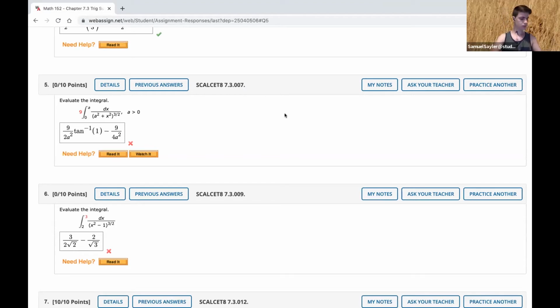I'm wondering if it's WebAssign having problems with tan inverse 1 and whether it really wants it to be called arctan of 1. Because tan inverse 1 could be confused by it as a tangent to the power of -1. You see what I'm getting at?